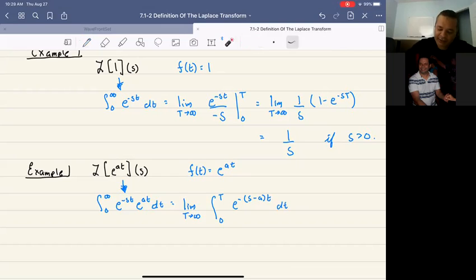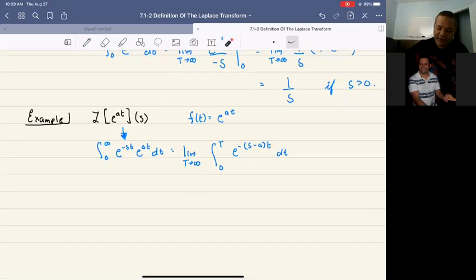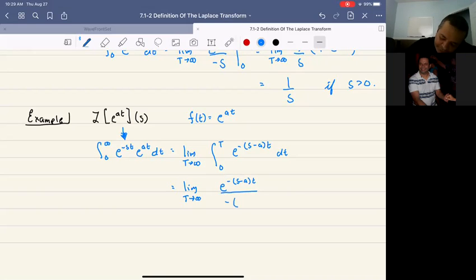I just double check that I have a net positive on a, negative times negative a, so I'm good. That equals the limit as t goes to infinity of e to the negative s minus a times t, over negative s minus a, from 0 to t.